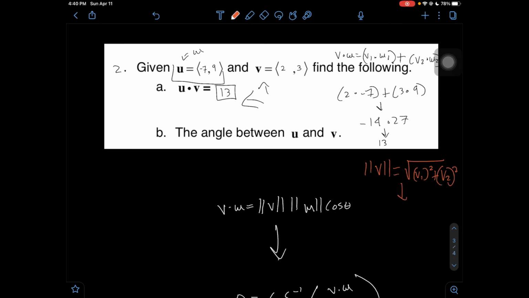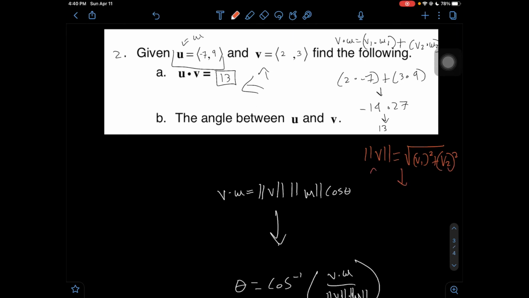We're going to use this for both, so let's do v first since it is representing v. So we have the square root of v1, we said v1 is x and v2 is y. If we look at our v up here, v1 is 2, our x value is 2, so we have 2 squared plus v2, which is our y value, which is 3, plus 3 squared, and we take the square root of that, which is the magnitude of v.